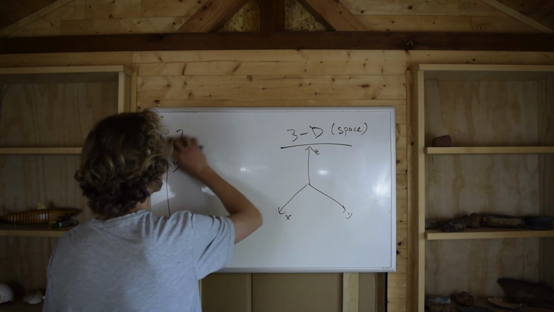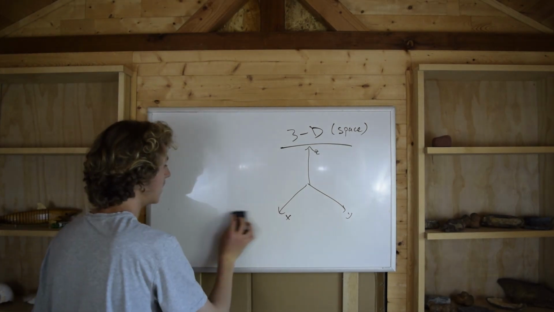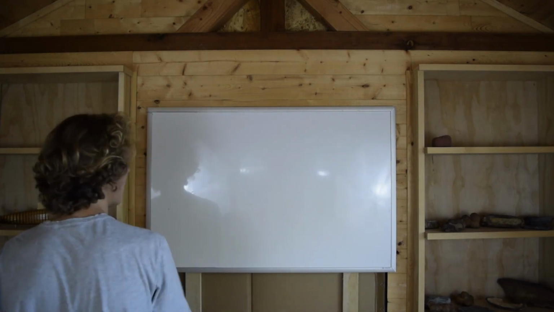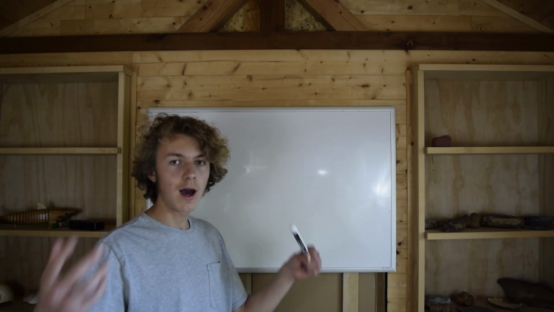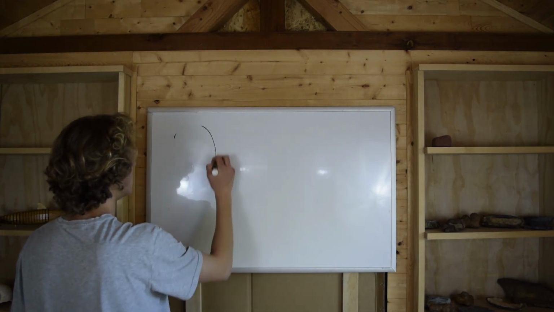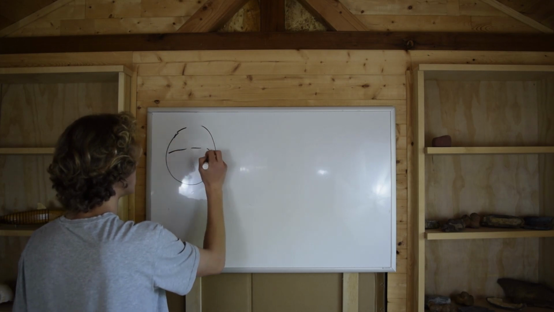So what are some functions that we can look at in 3 dimensions? For example, we've all seen what a circle looks like, and we can add another dimension, and now we basically have a sphere. And so a sphere looks like this.